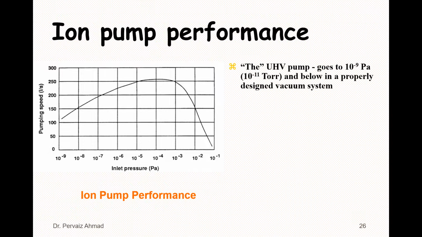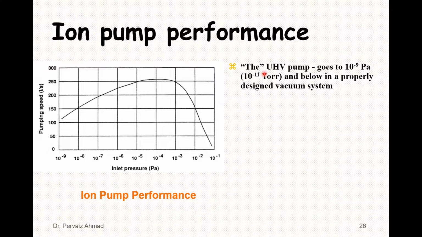So what actually happened? The ion pump is basically an ultra high vacuum pump. It can go to 10 raised to power minus 9 Pascal or 10 raised to power minus 11 torr and below in a properly designed vacuum system. This is the working capability of the ion pump.